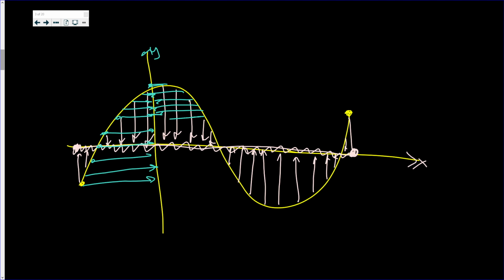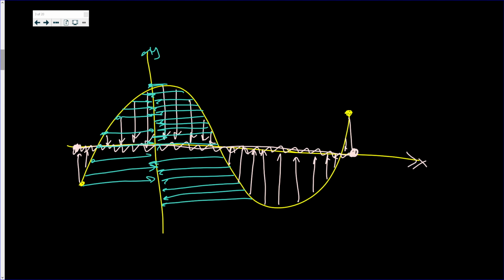Sometimes I highlight the same point twice or maybe 3 times, but that's okay. Wherever I have at least one line going to the y-axis, that will be included.